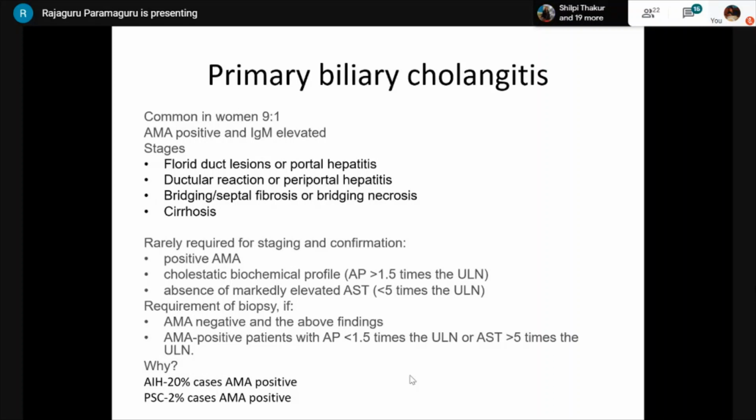The stages are florid duct lesion, where the ducts will be inflamed with reactive atypia of the epithelial cells, with granuloma formation, which might not be seen in most portal tracts. In a very small percentage of cases, we will get a typical granuloma. Then comes the ductular reaction with periportal hepatitis, then bridging fibrosis, and then cirrhosis.